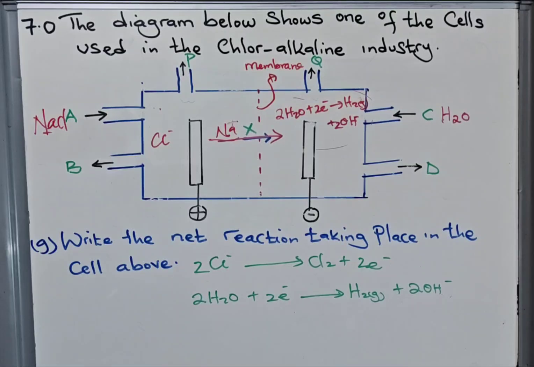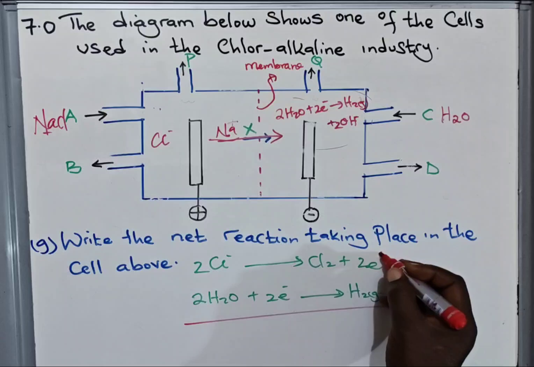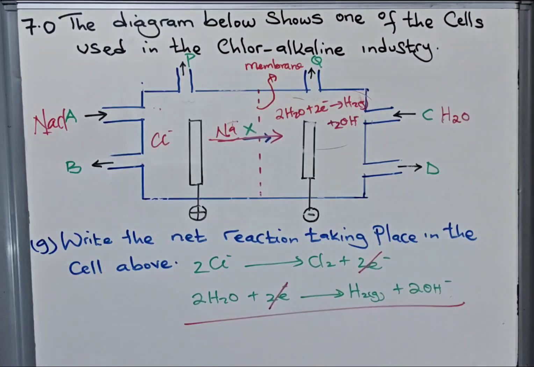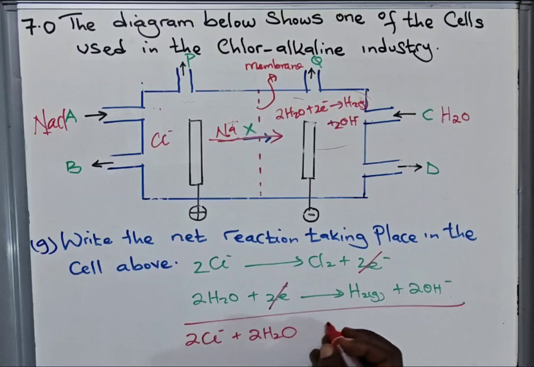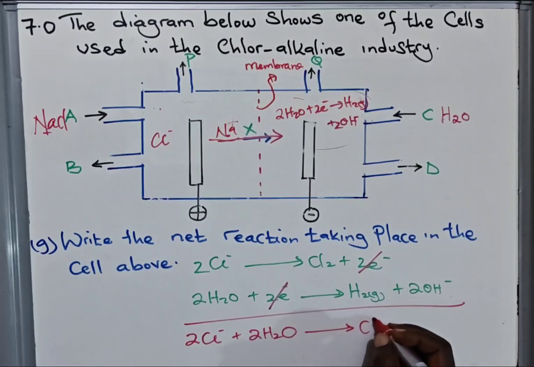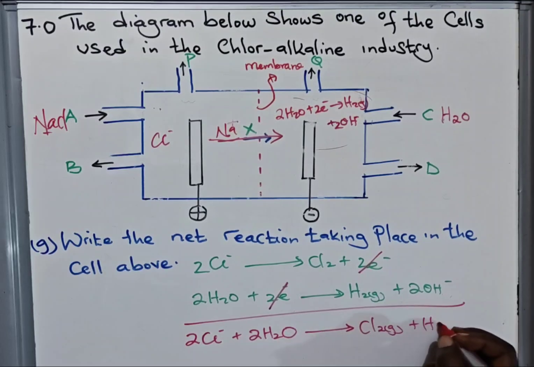So what do we do here? When you add these 2 reactions, what you get is going to be the net. So in this case, you cancel out these electrons, and what remains behind is going to be 2 chloride plus 2 water, giving you chlorine gas plus hydrogen gas plus hydroxide ions.